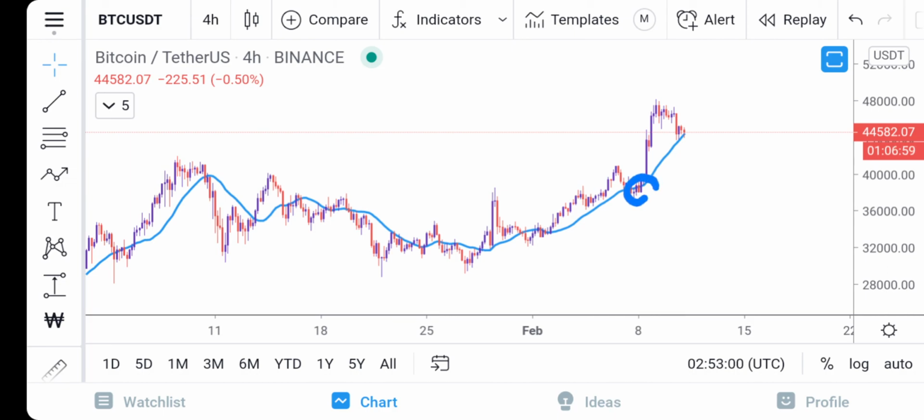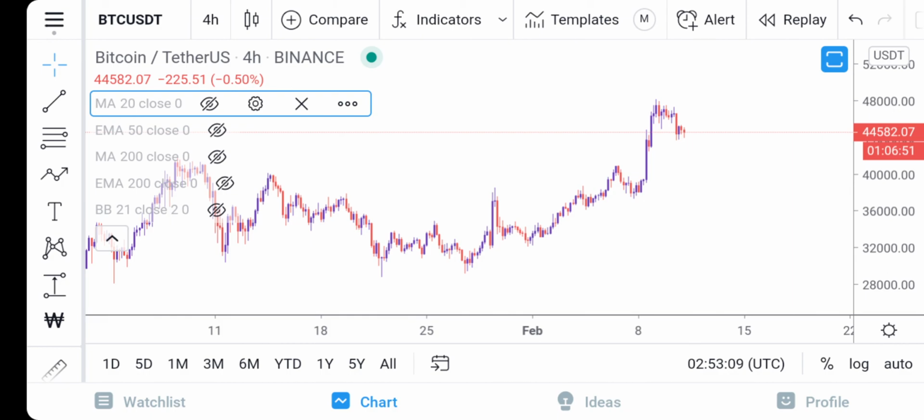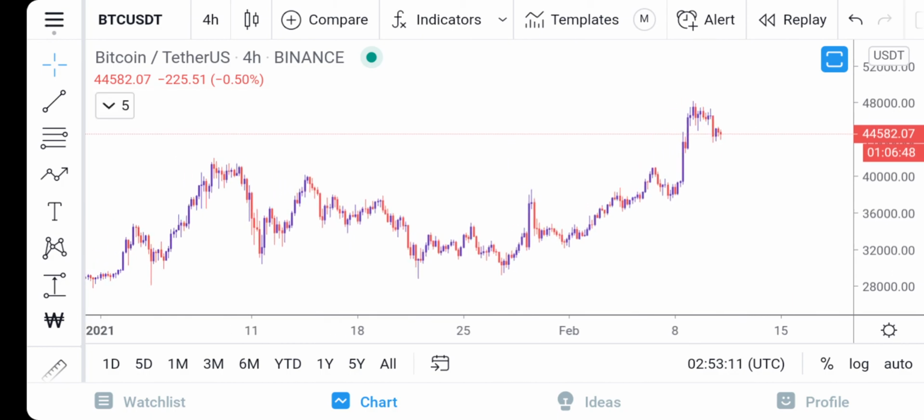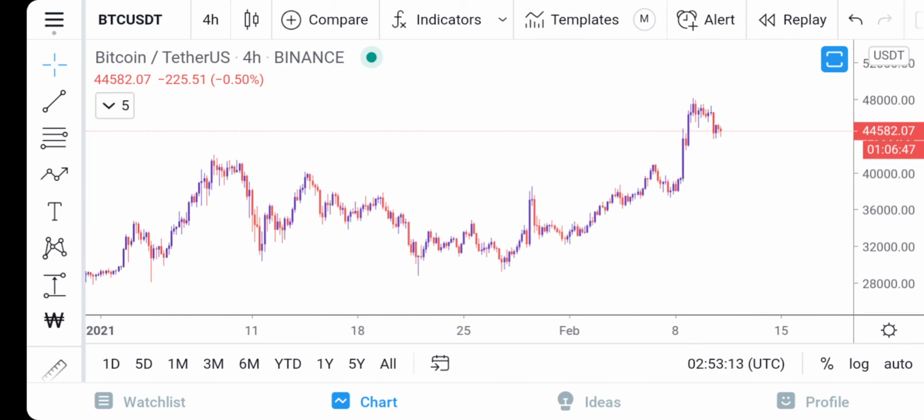So these are the areas you should be looking at to buy support, resistance. But I think for this market, my earlier example of the trend line support and resistance is stronger and more powerful. So that's it for this video. I hope I've been able to pass on one or two pieces of knowledge to you on market structure.